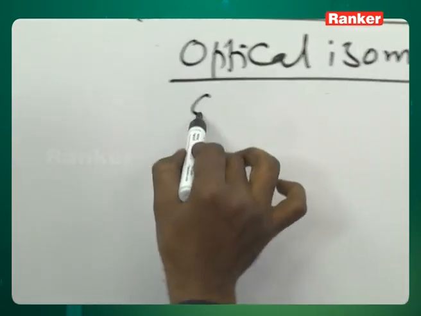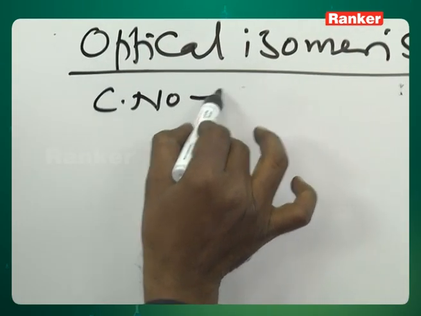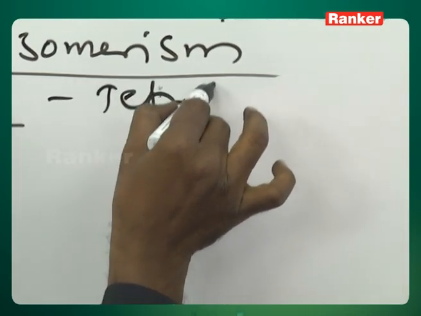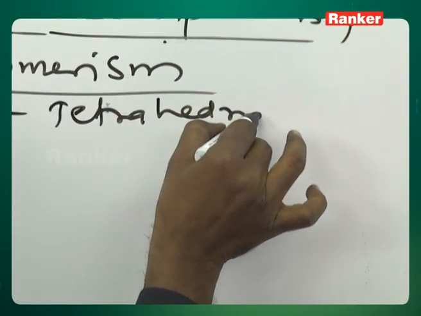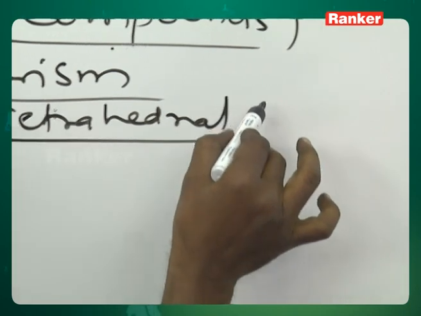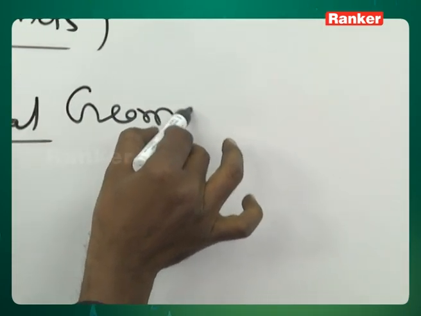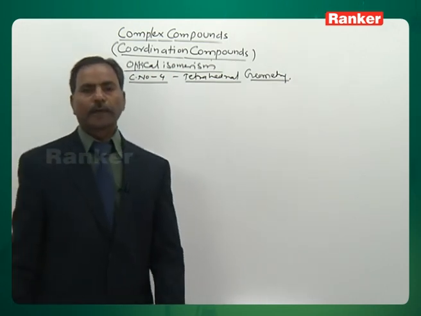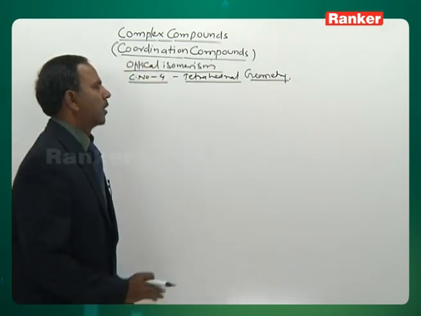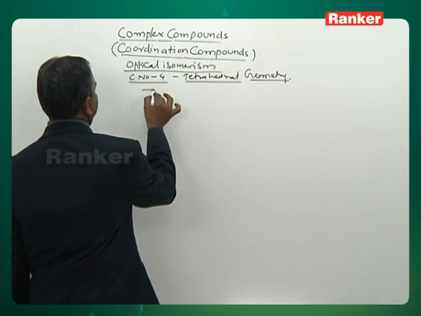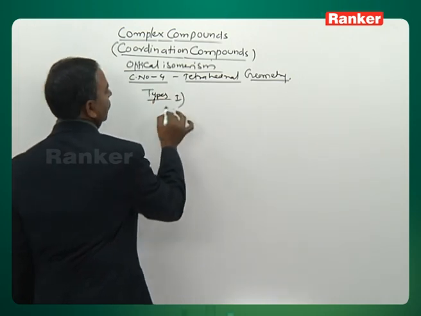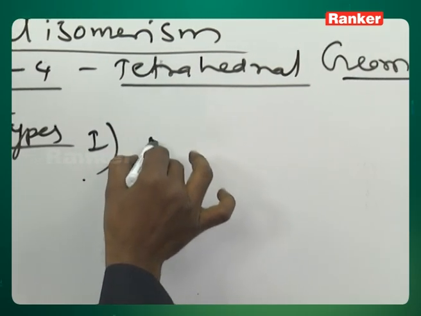Coordination number 4, tetrahedral geometry. Under this type, let us consider first one, with only monodentate ligands.